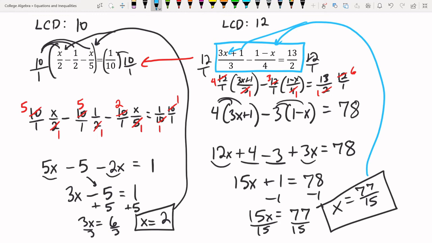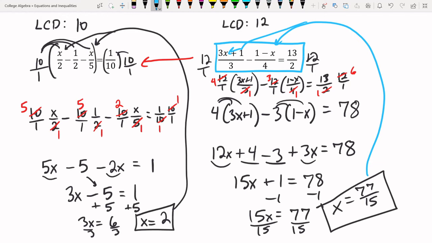Now, if we were to put variables in the denominator, see here for both of these problems, we only had numbers in the denominators: 2, 2, 5, 10, 3, 4, and 2. If we had a variable in the denominator, we no longer have what's called a linear equation. Now we have what's called a rational equation.